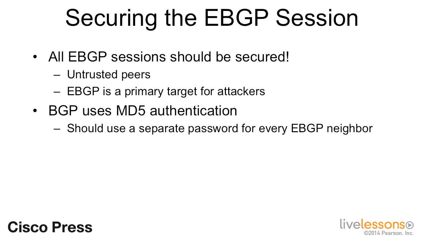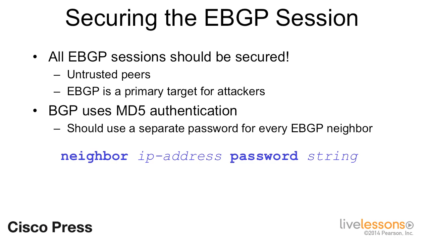This is again because each session should be considered unique and established to an individual, untrusted neighbor. An argument can be made, I suppose, that multiple EBGP sessions to neighbors in the same AS can use the same password. Well, that's up to you. But never use the same password for neighbors in different autonomous systems.